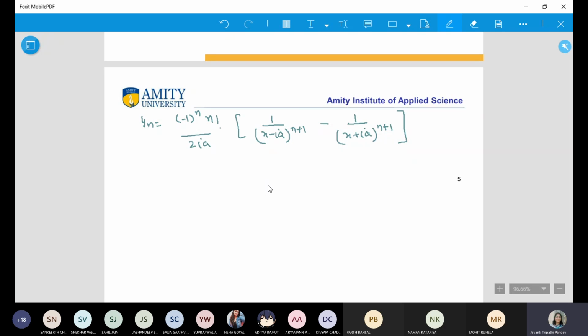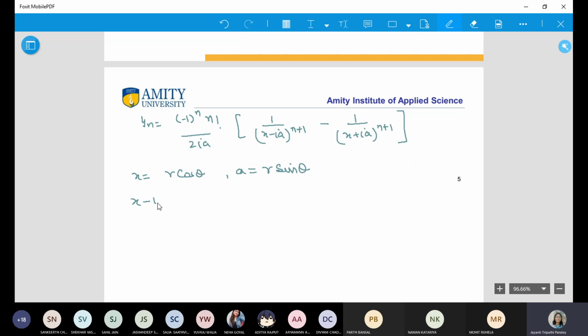Okay. Now since this is not in the structure, we got the question and this i has to be removed. Let's try and use some kind of substitution. What substitution do we take here? We will take x is equal to r cos theta and a is equal to r sin theta and see what it will do.